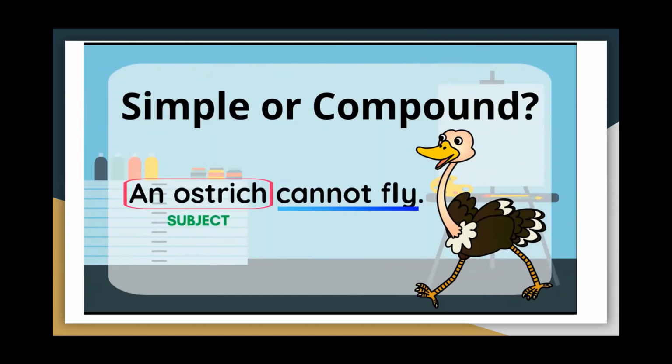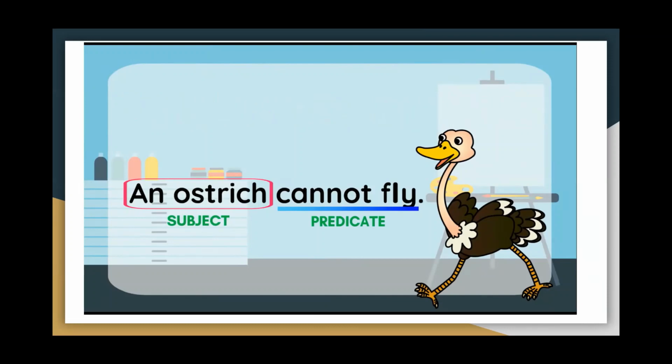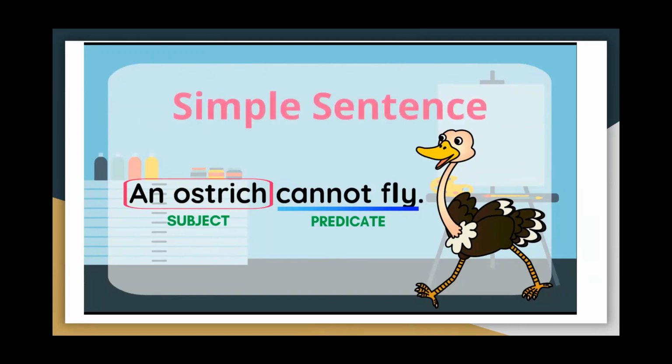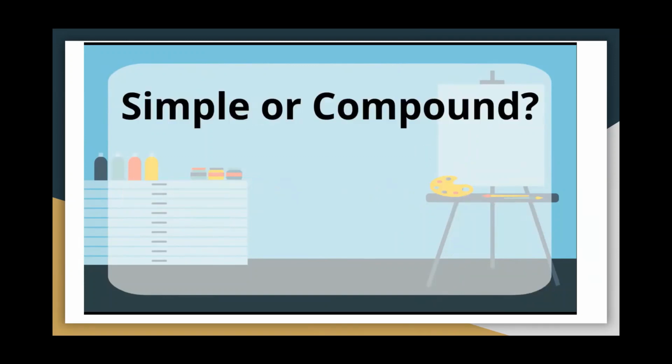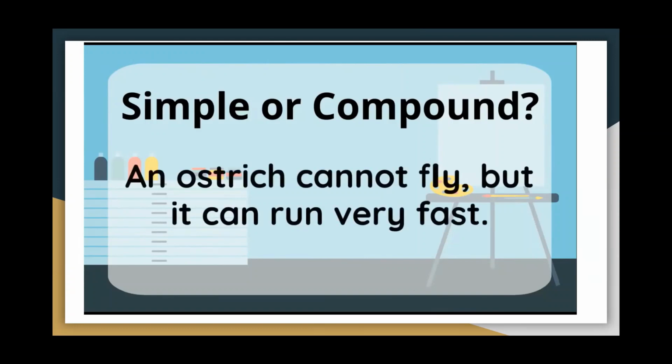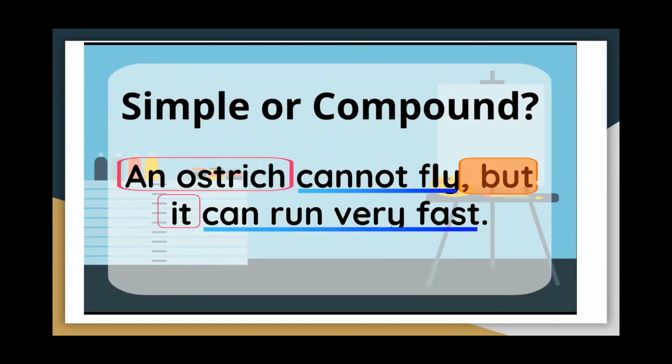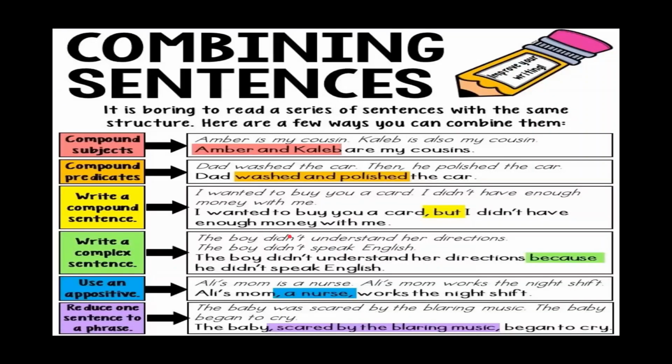One subject and one predicate. Is this a simple or a compound sentence? How about this one? An ostrich cannot fly, but it can run very fast. We have a subject and a predicate, a comma and a conjunction, then another subject and a predicate. It's a compound sentence.